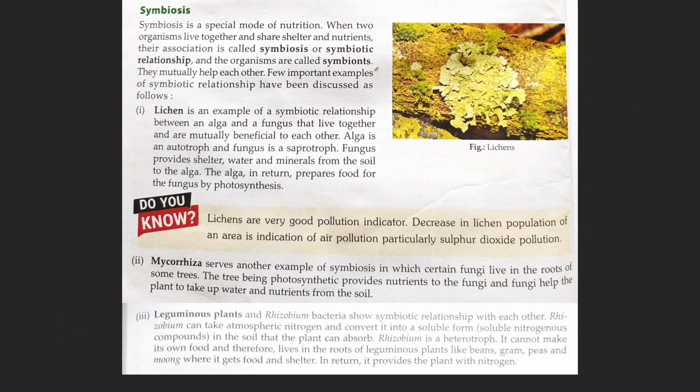Next comes symbiosis. This is a special mode of nutrition when two organisms live together and share shelter and nutrients. Their association is called symbiosis or symbiotic relationship.